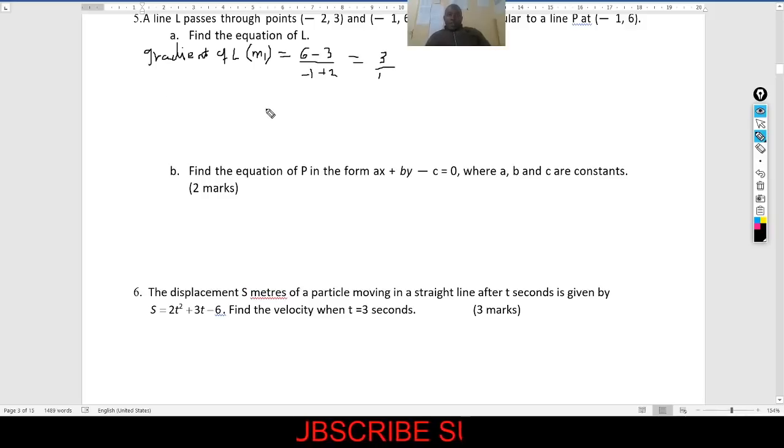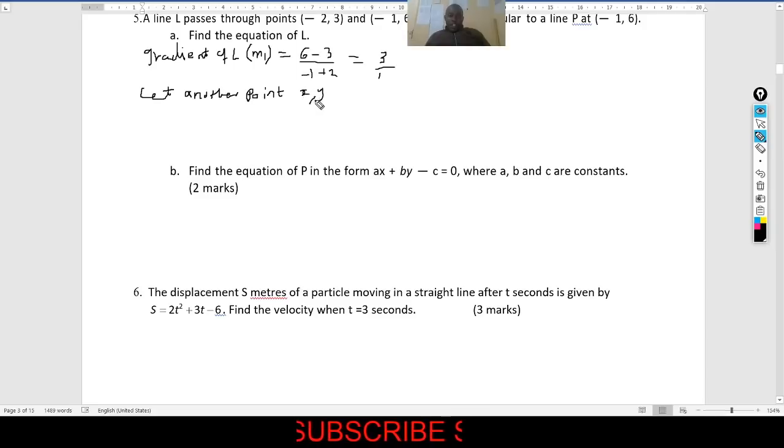So we are asked to find the equation. So for the equation, we let another point xy be on the line.